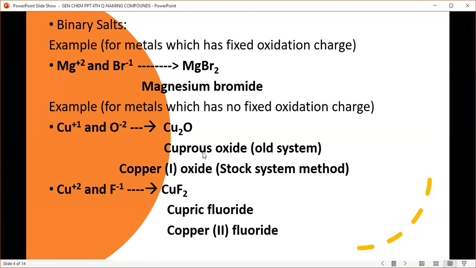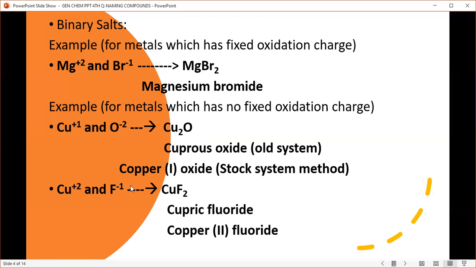And then we will be making use of the suffix OUS because its original oxidation charge is 1, which is lower than its other oxidation charge, which is 2. And then we just simply write the stem of the next element, which is oxygen, that's ox, and then just simply connect it with the suffix IDE. So this is the old system. That's going to be Cu2O or cuprous oxide.